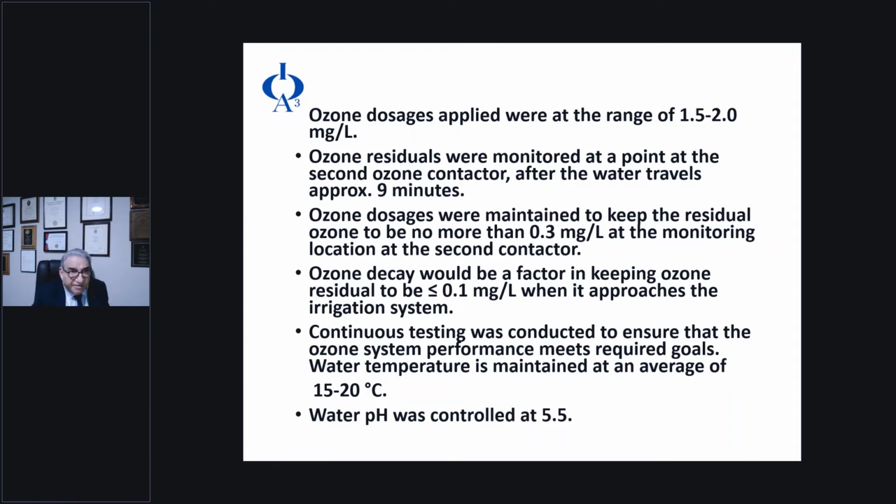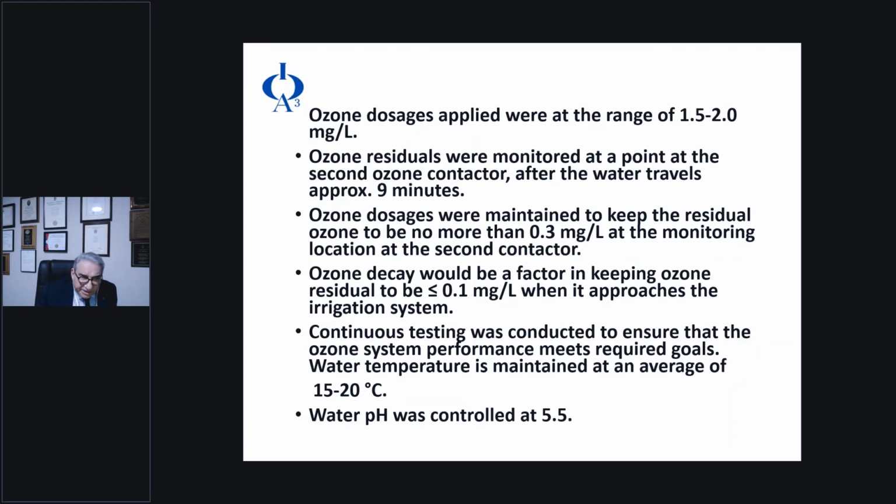Ozone residual was maintained at about 0.3 milligram per liter at the second monitoring point, which is almost at the beginning, and we make sure that the water comes to irrigation at way less than 0.1 milligram per liter. Rarely were we seeing 0.1. That means good disinfection is taking place.